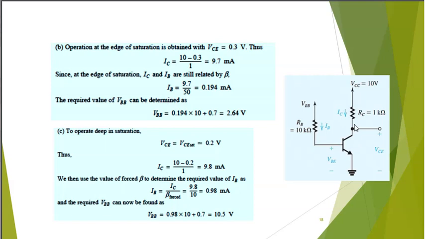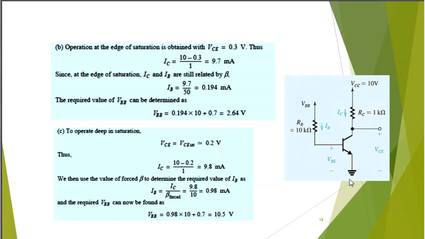Now in this case, you can find the beta forced yourselves, because now you have VBB. I told you VBB is 10 as well, right? So you will tell yourself, okay, then now 10 minus 10 IB minus 0.7 will be 0.